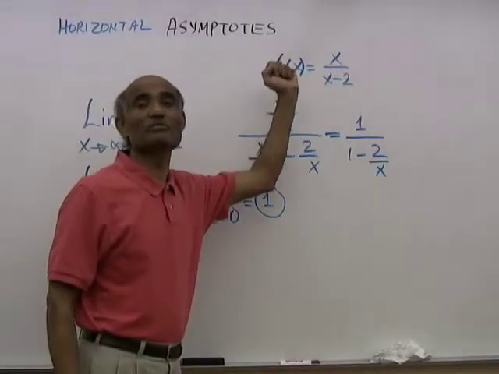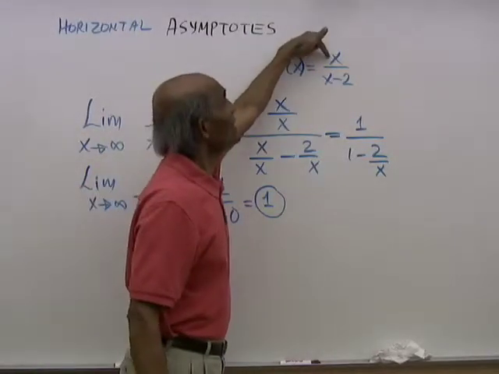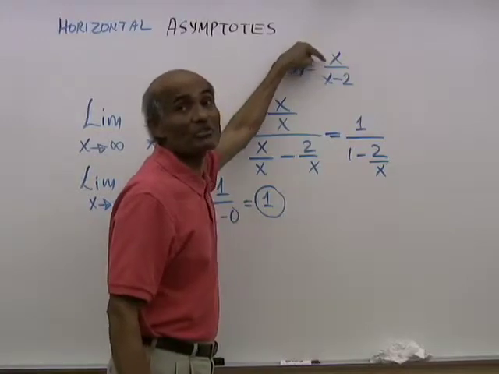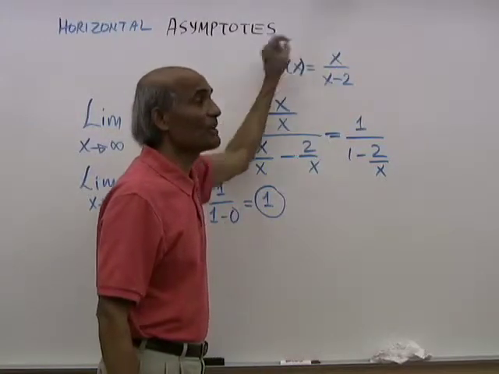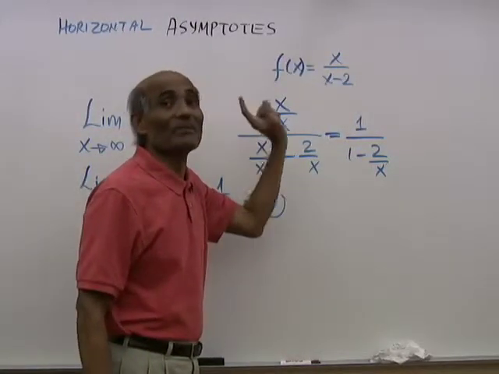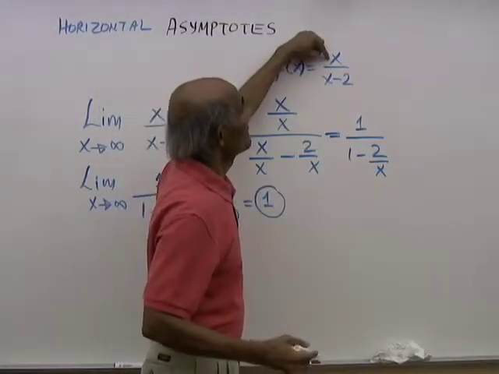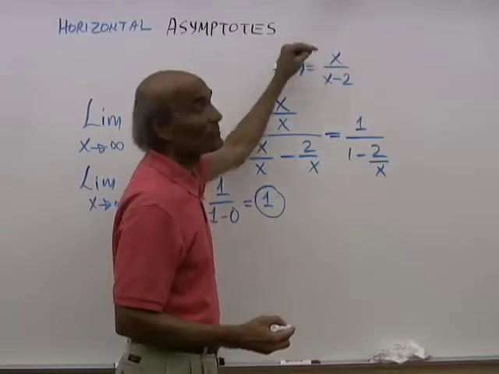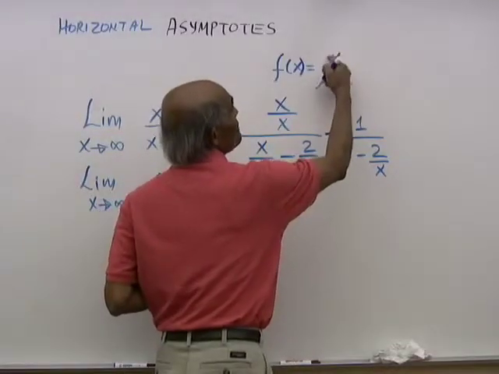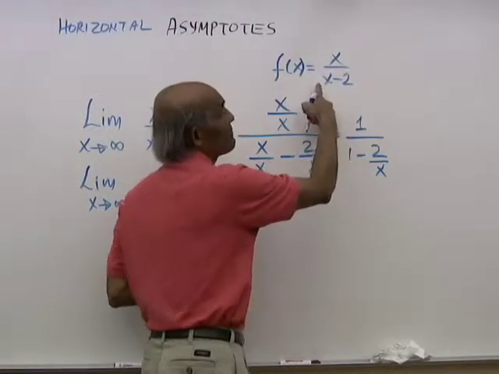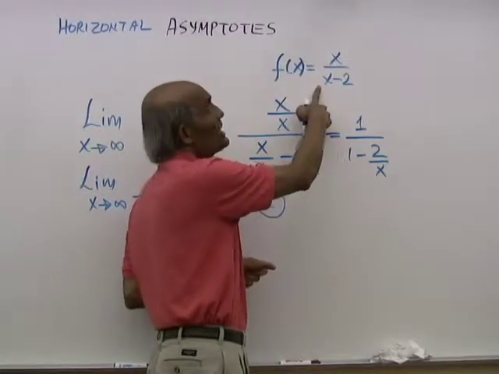All we need to do is, if the degree of the numerator equals the degree of the denominator, then the horizontal asymptote is the coefficient of x divided by the coefficient of x in the denominator.